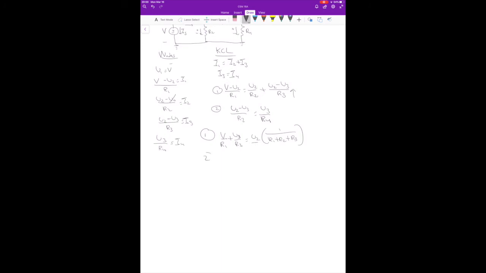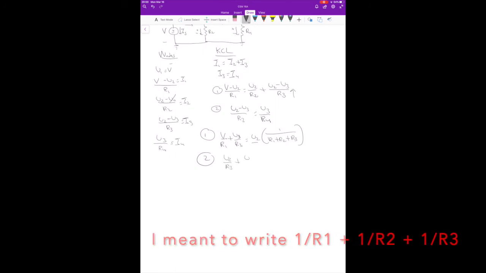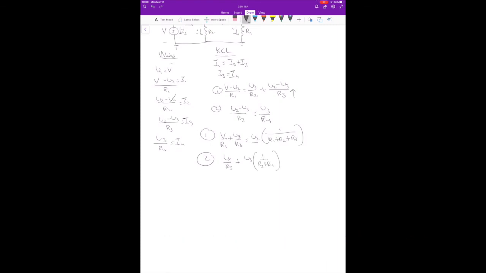So in the second one, let's try to just solve for U2. In the second one, we get that U2 over R3 is equal to U3 times 1 over R3 plus R4, and so moving that R3 to the other side, we can just change this and cross that out. Okay, so now that we have this, let's try to plug this in.